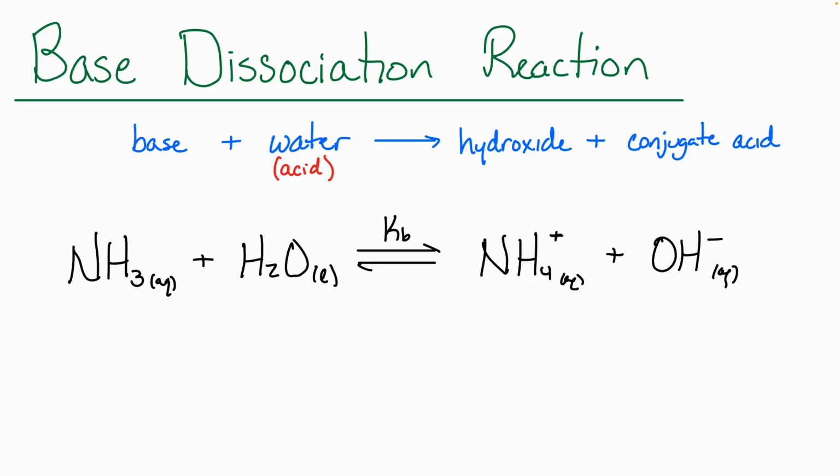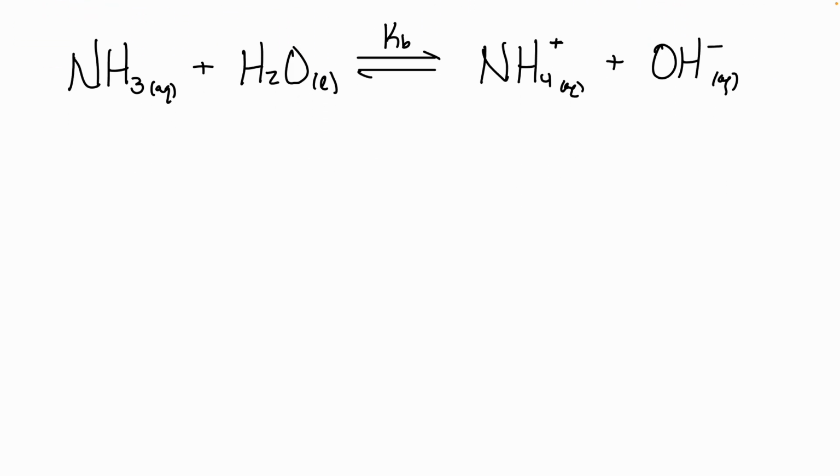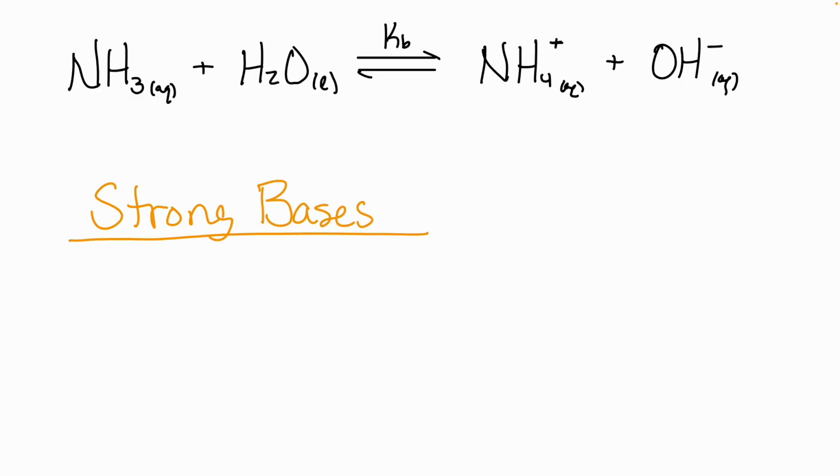Cool. And just like we had this concept with strong acids, we also have this concept with strong bases. A strong base means that Kb is very large. All right, a Kb value that's very large means that it would strongly favor the products.